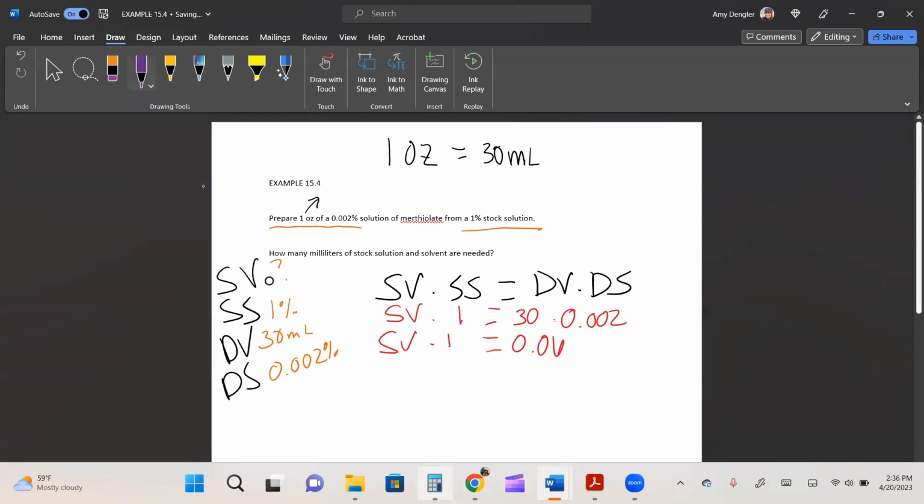All right, so now we want to get SV alone, so we need to get rid of this 1. So if we do that on this side, we have SV. Now this side, we have to do the same thing, so that would just be 0.06 over 1, which would just simply be 0.06.